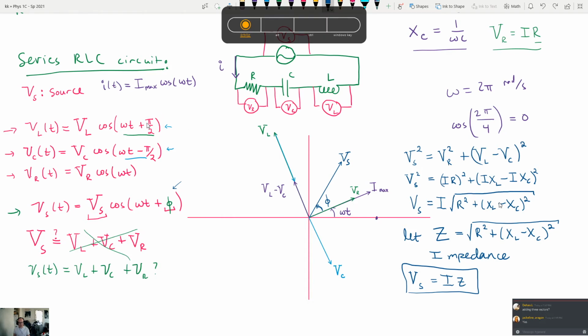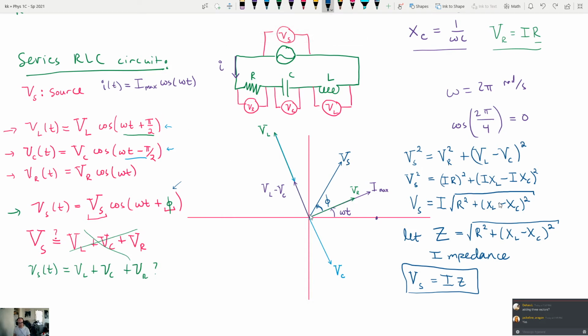So if I have an object like the voltage of the source, which is ahead of I by phi, then we can write that the voltage of the source as a function of time is equal to V sub s, which is now IZ, multiplied by the cosine of omega t plus what we call the phase angle phi. Phi tells you how much the voltage is out of sync with the current.